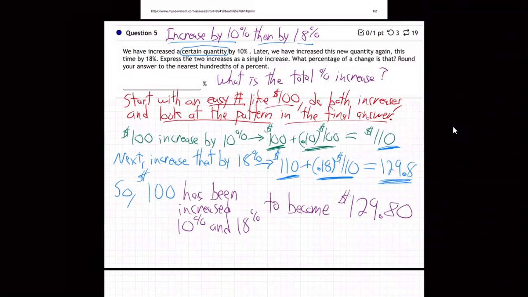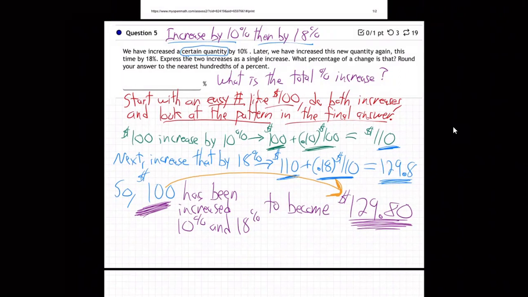So what does that mean happened to my $100? If I told you, hey guys, I had $100 and it became $129.80, what does that mean happened to my money?